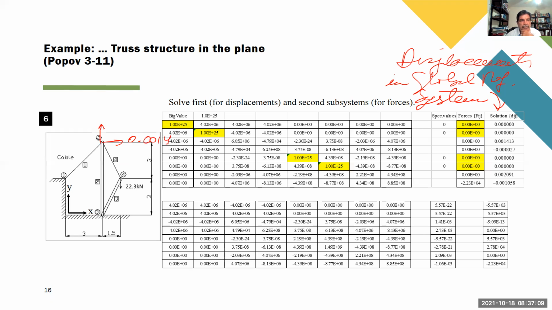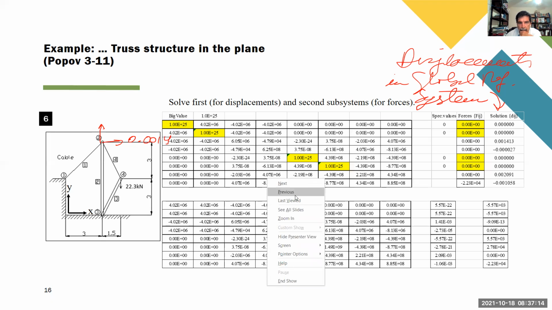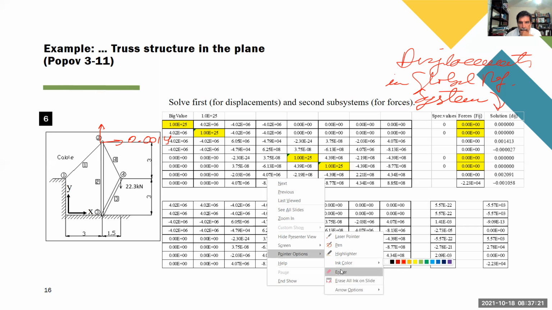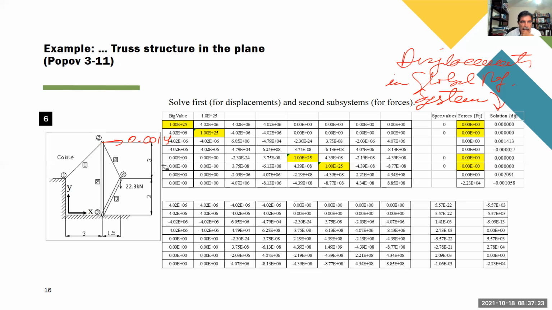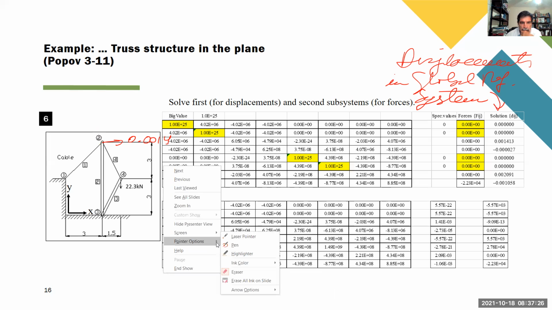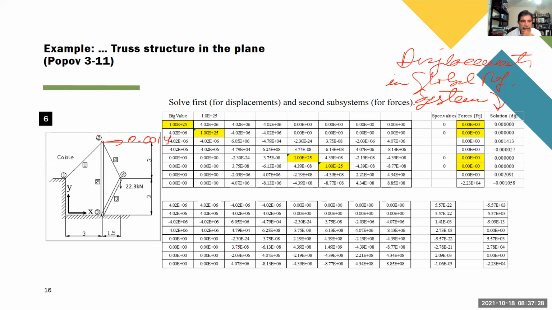Moves, I'm sorry, moves downward. How much? Minus 0.00027, right?